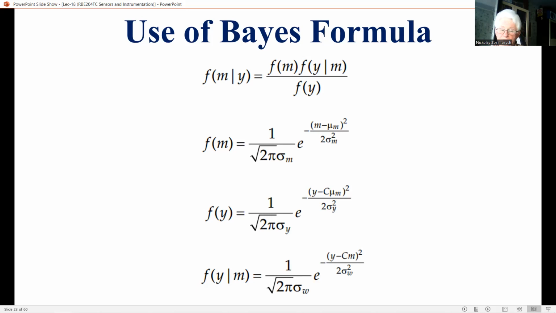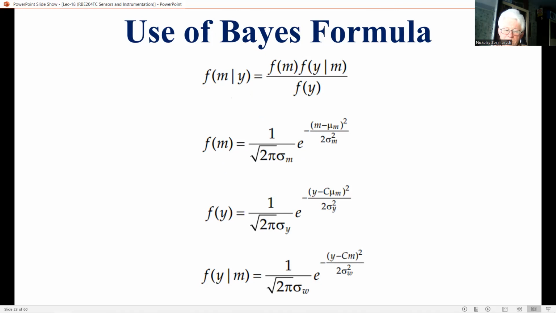In a recursive formulation, f of M corresponds to the previous estimate, and f of M given Y corresponds to the new estimate once new data are applied.